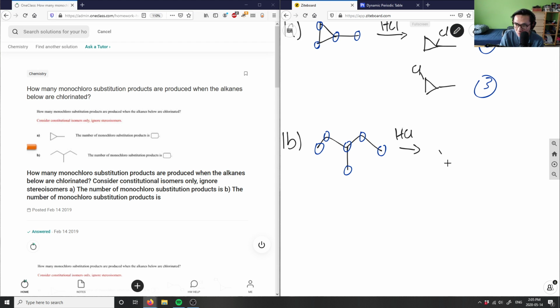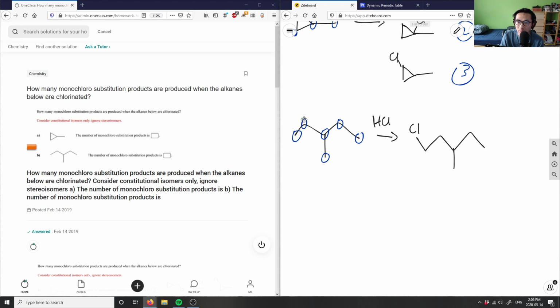So let me draw out the first one here. That's number 1. For number 2, I'm going to write a chlorine here. So maybe I'll do 1, 2, 3, 4, 5, and then the chlorine could go over here. If I did it to the other side as well, those are actually the same compounds as 1 and 2 here, so I'm not going to count these carbons.